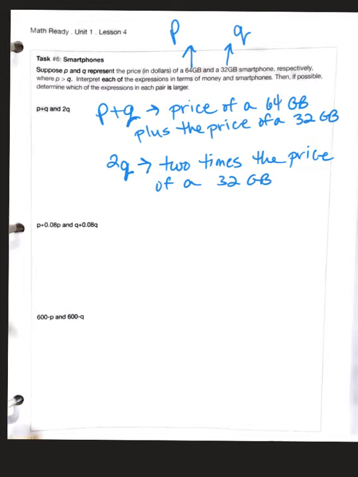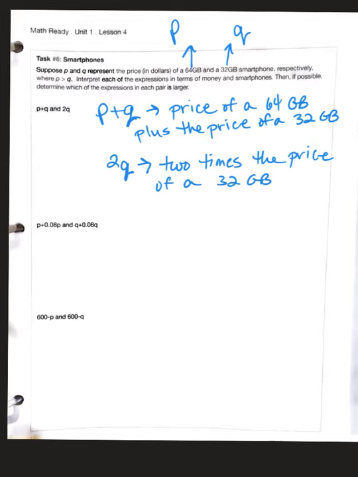So the price of a 64 gig phone plus the price of a 32 gig phone is definitely going to be larger than if you bought just 2 of the 32 gig phone, because in the first one you're already paying for the 64 gig, which is higher, plus the price of the 32 gig. And the other one is just 2 times the smaller memory phone, which could never total what the larger phone plus the smaller phone would be.